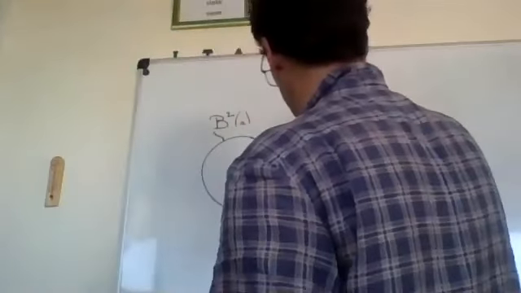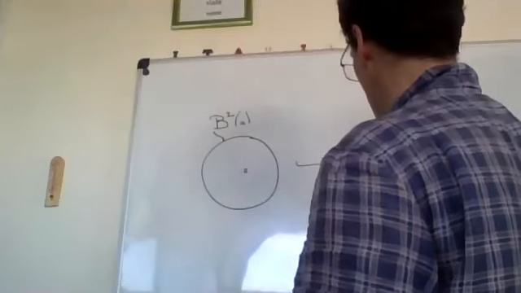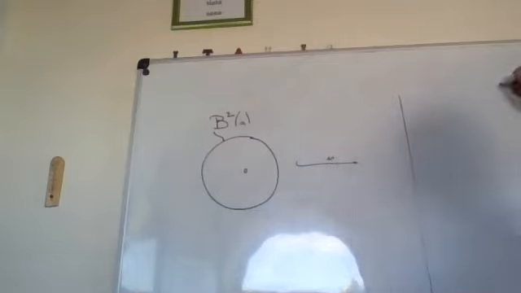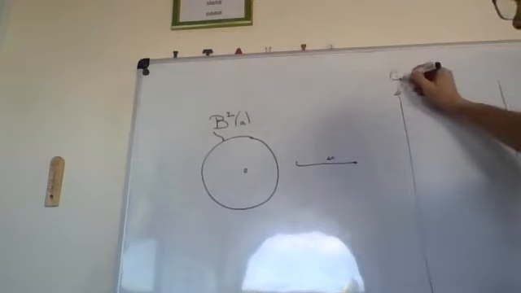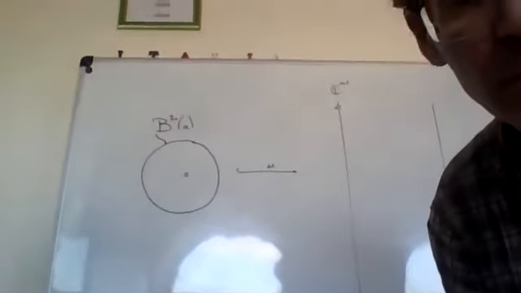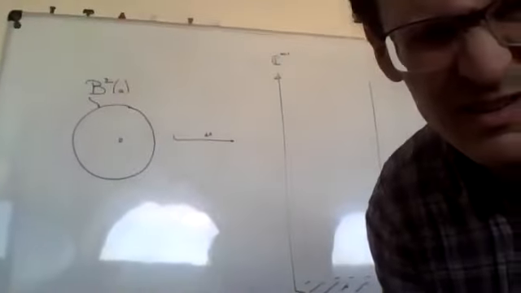Here is 0, and here is my embedding, and here is my cylinder. Can you see that? See that. Yeah. Can you see it?